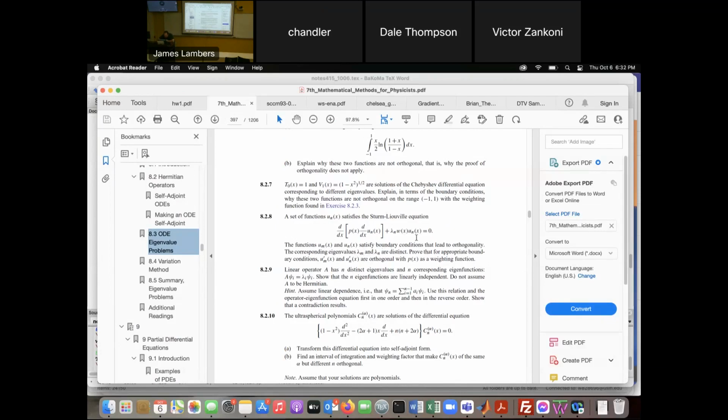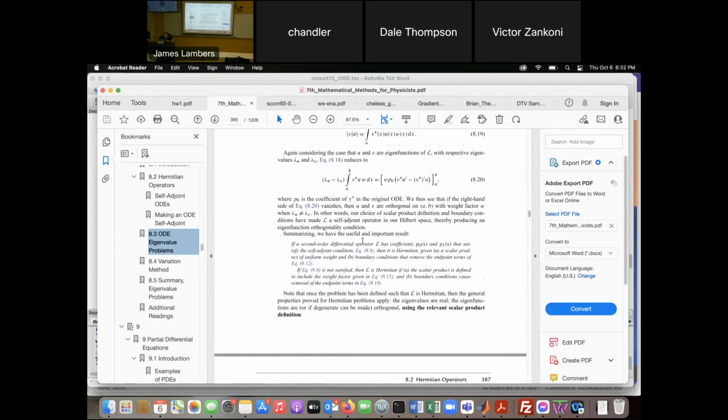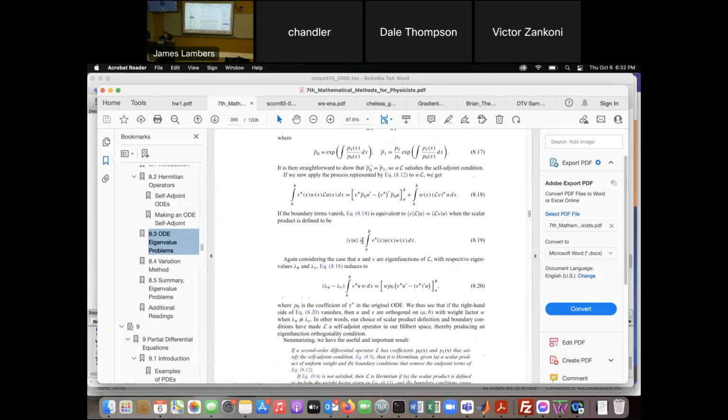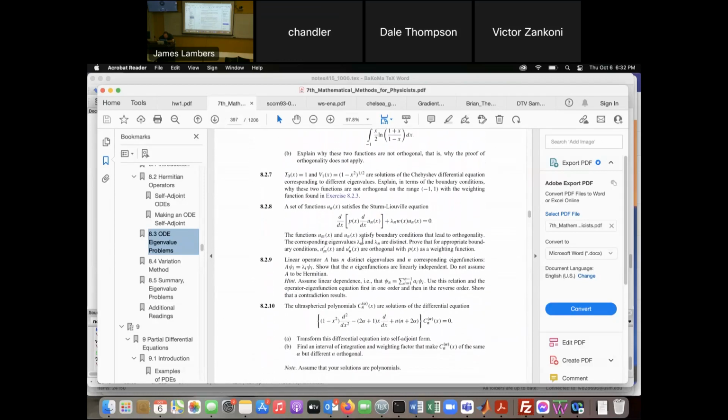The idea is your scalar product will be this. This is a generic Sturm-Liouville equation. So you're working with a generic interval a to b.